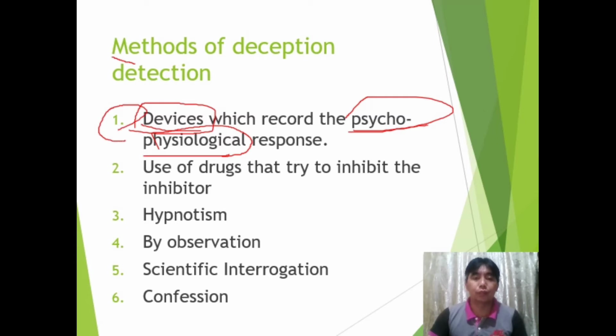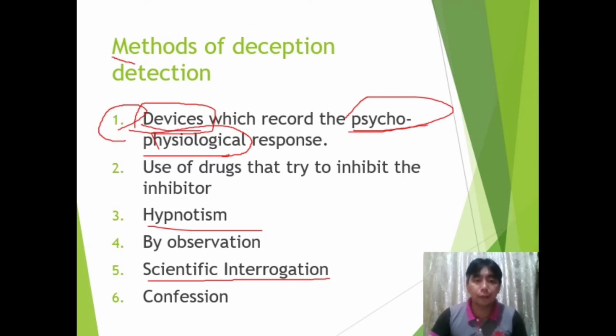Then another method that is also being used is drugs that inhibit the inhibitor, hypnotism, by simply observing, or we also have scientific interrogation, and of course by simply confession.